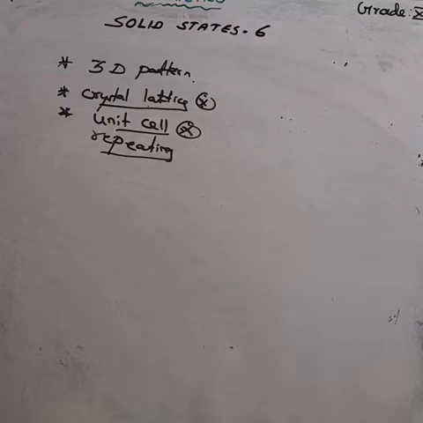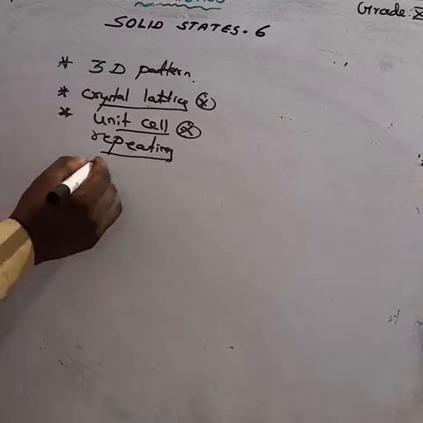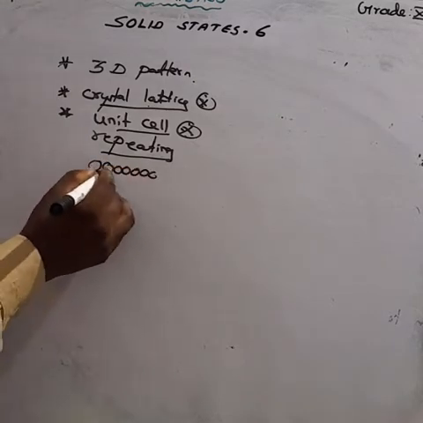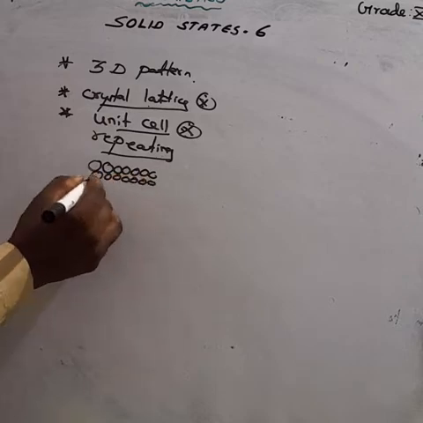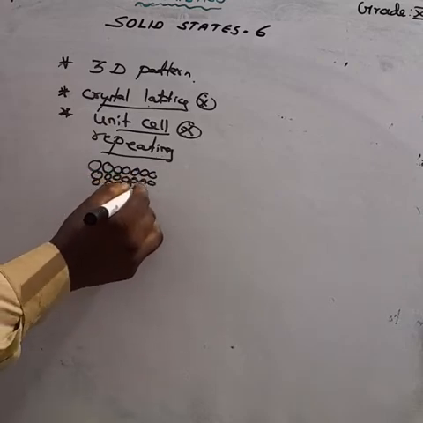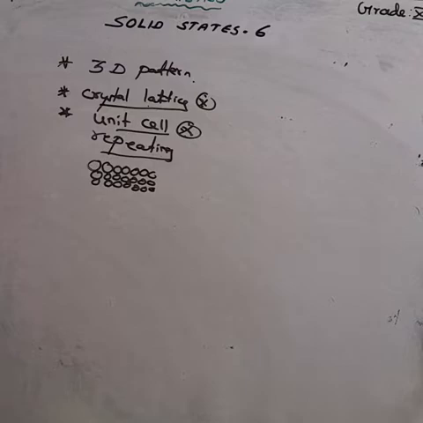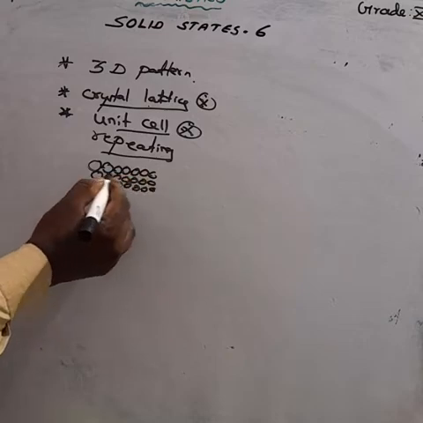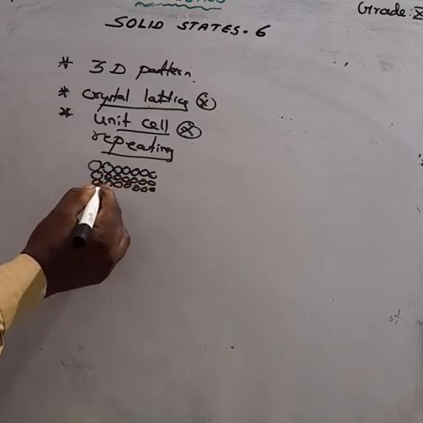A crystal may be considered to be made of a large number of unit cells, joined one by one. Each unit cell has a direct connection with a neighboring unit cell.